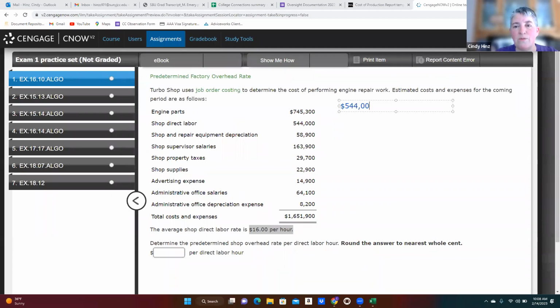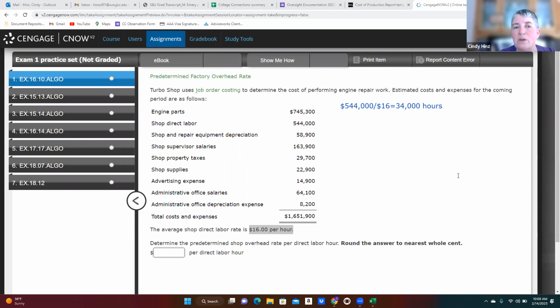So $544,000 divided by $16 per hour will give us the number of hours that the shop expects to work. And that would be 34,000 hours.